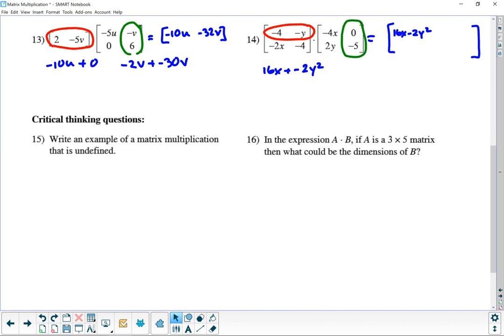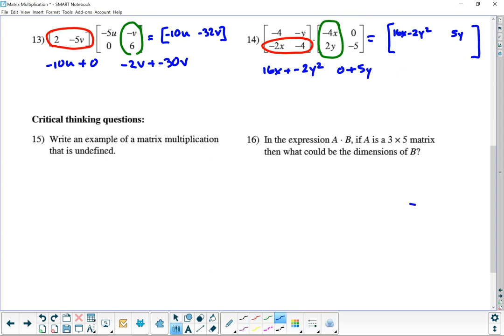Okay, next one. You got -4 times 0 is 0 plus -y times -5 is a positive 5y. So this whole entry is just 5y. Much better than that first one. Okay, the next one down, -2x and -4, and then you're also going to pair that along with the -4x and then the 2y.